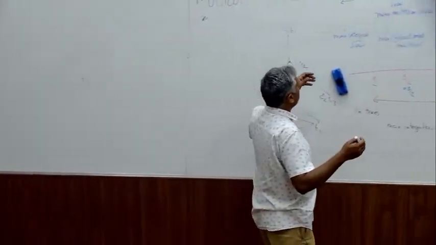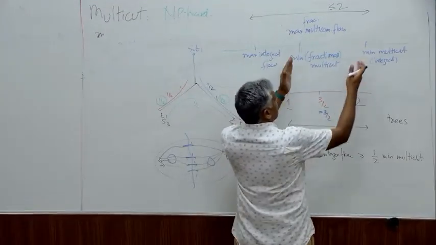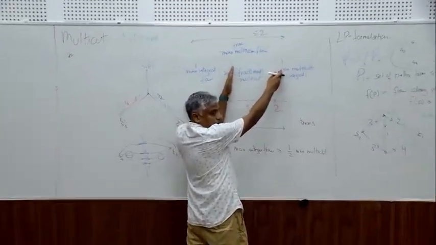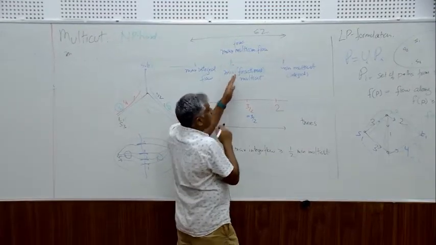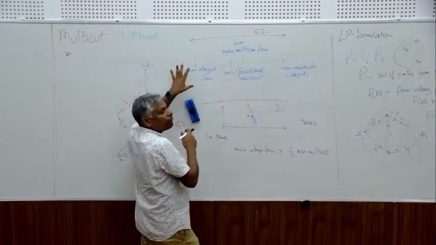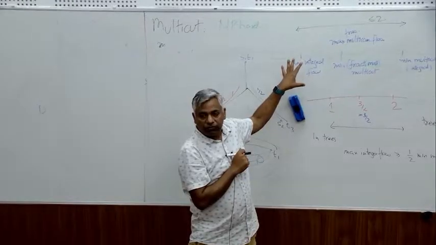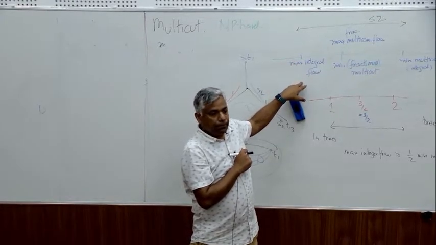What does it mean to claim that this gap is at most 2? It actually implies many results. It means that I have a 2 approximation for multi-cut, which means that this gap is also at most 2, which means that I have a half approximation for maximum integer flow. This is also an NP-hard problem, even on trees.